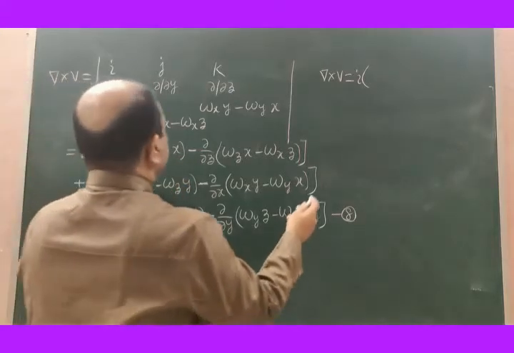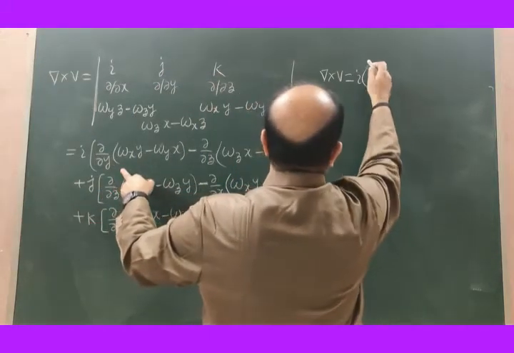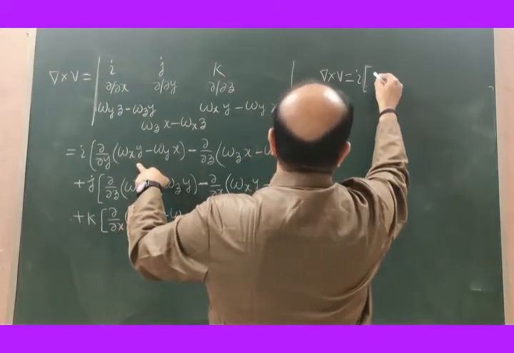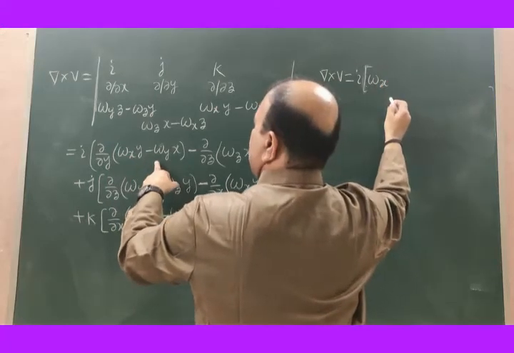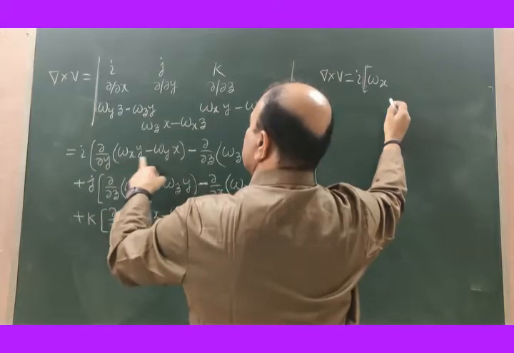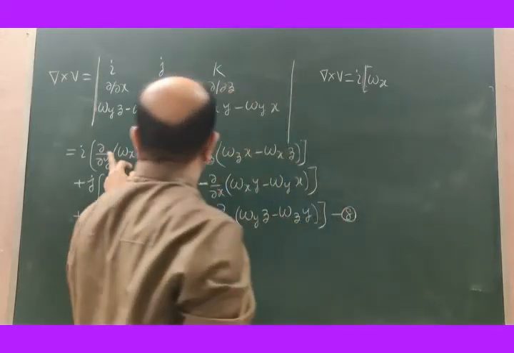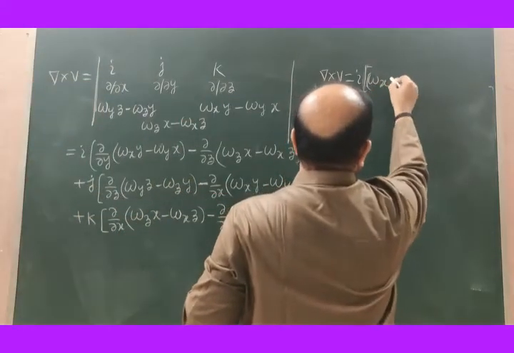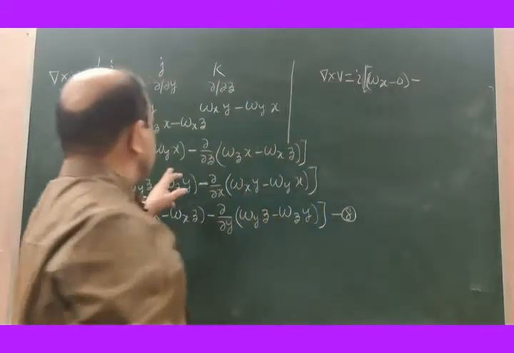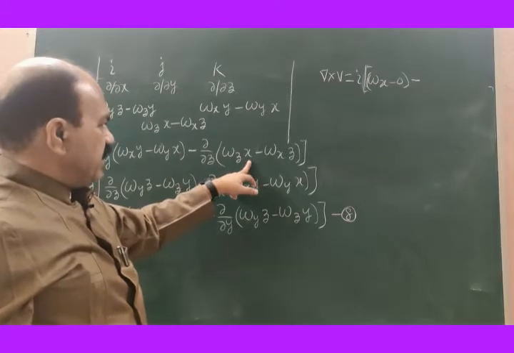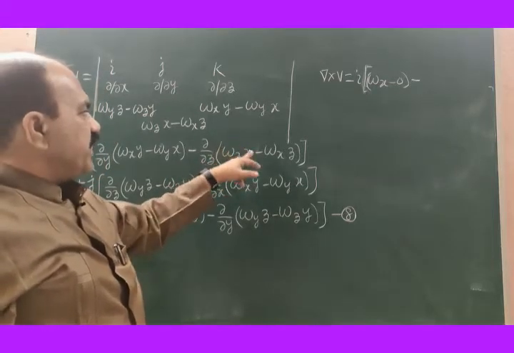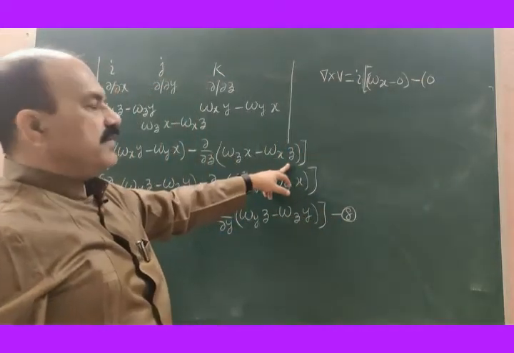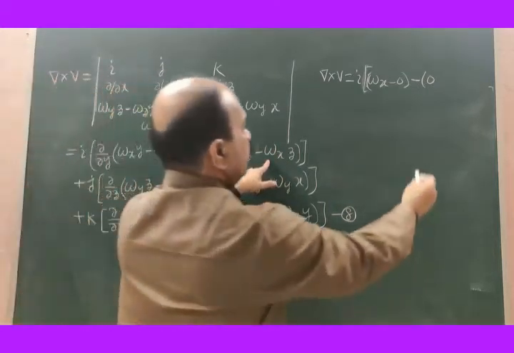So what we will have here, let me make a square bracket: dou y by dou y is 1, so only omega x is left, and here this x is independent of y, omega y is constant, dou x by dou y is 0, 0 minus this constant is 0, minus 0, minus, let us come here, x is independent of z, so dou x by dou z is 0, first term will become 0, z, dou z by dou z is 1, what is left, minus omega x.